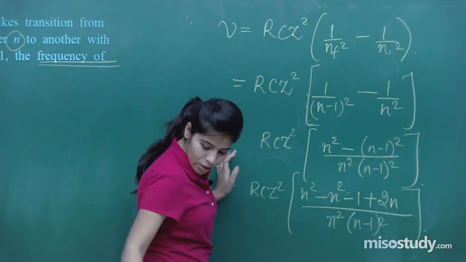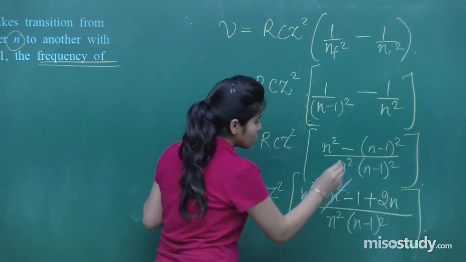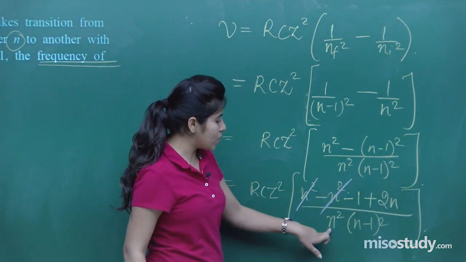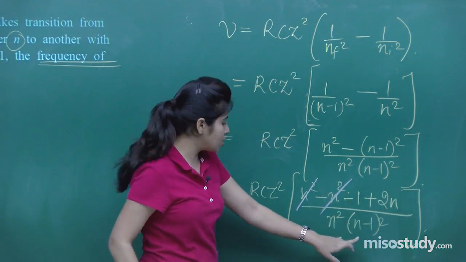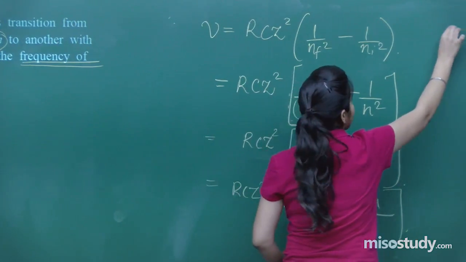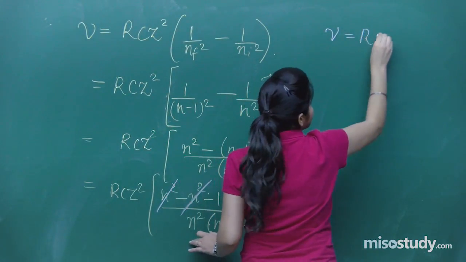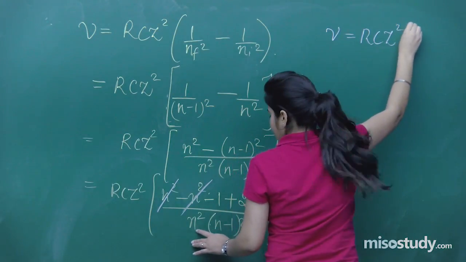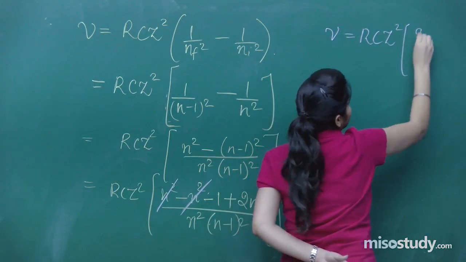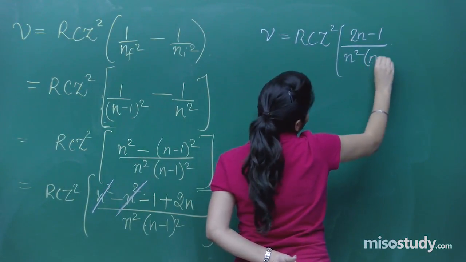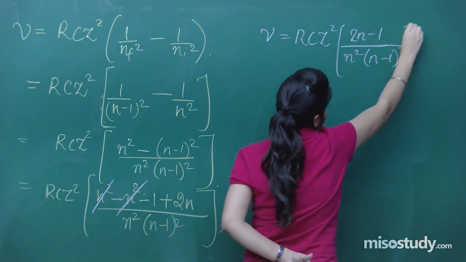So from here you can see n square cancelled, you are left with (2n minus 1) divided by n square into (n minus 1) whole square. So I will write it as nu equals, that means frequency equals RC(Z) square into (2n minus 1) divided by n square into (n minus 1) whole square.